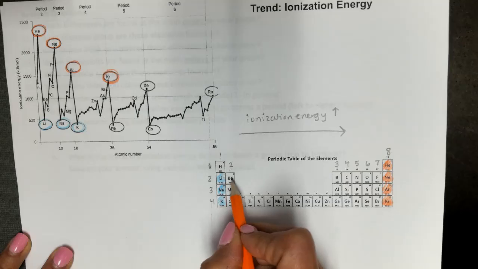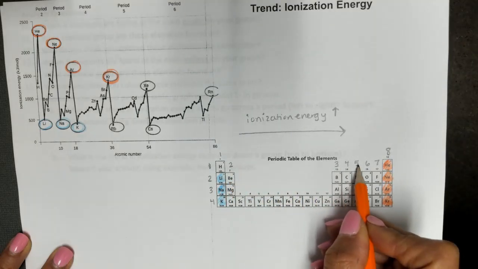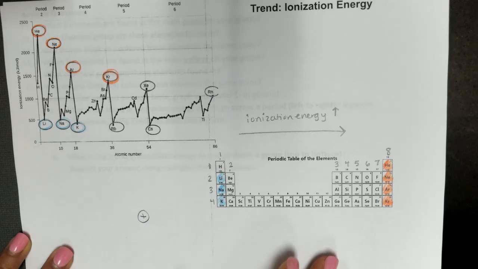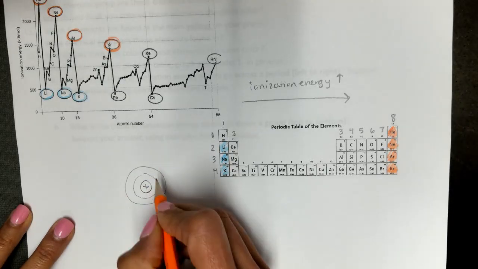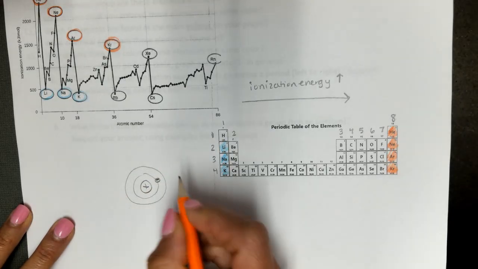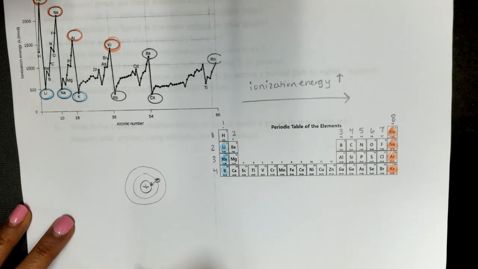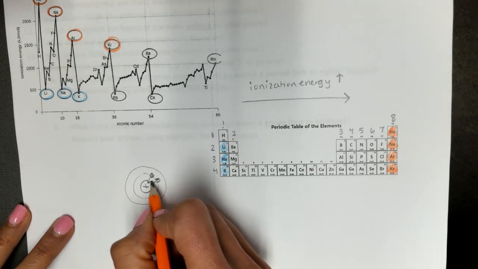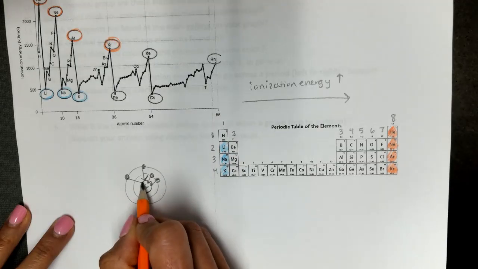Whereas if we go across our period, we're getting more and more valence electrons that are going to be attracted to the nucleus. So if this is my nucleus and I have electrons on the outer energy levels, if I only have 1 electron here, okay, it's being held close to the nucleus there, but it's not being held as tightly as if I had, let's look at having several electrons.